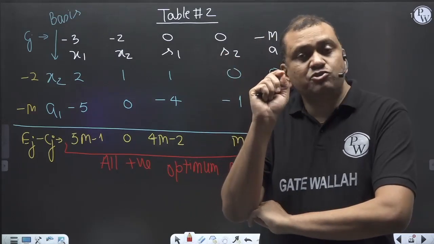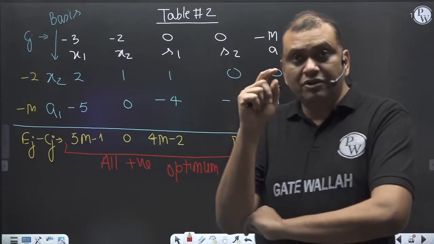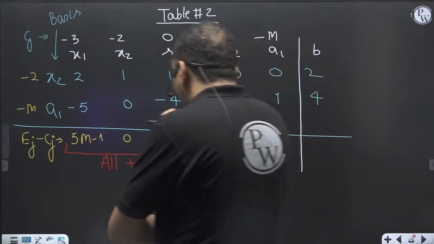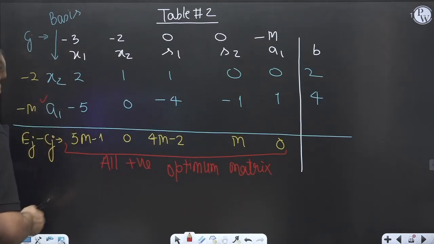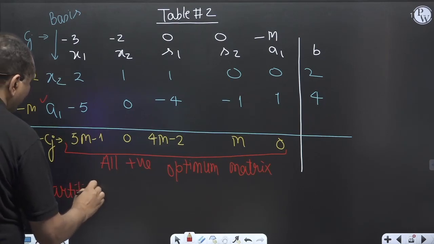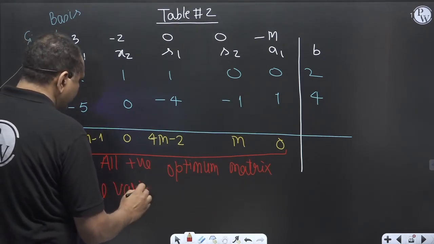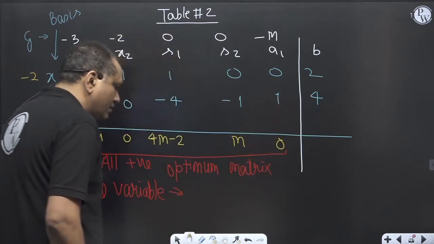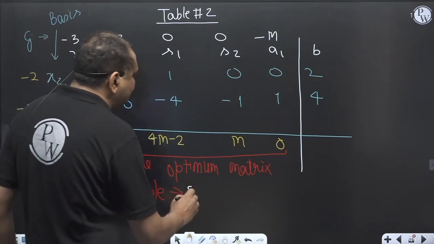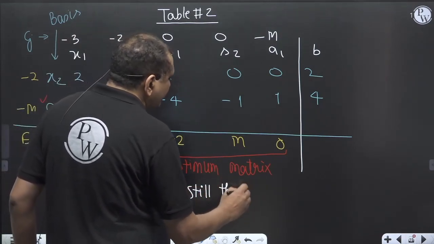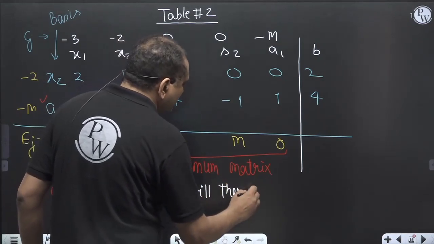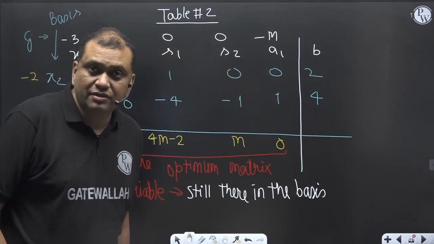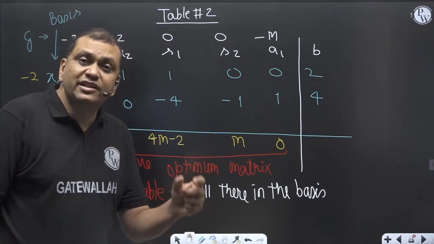Your optimum matrix has reached, but the artificial variable is still there in the basis.